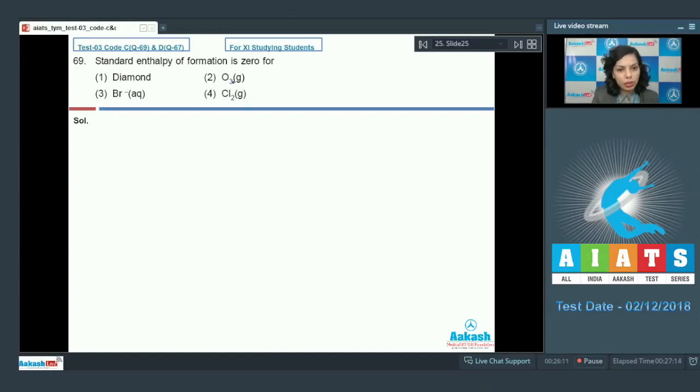Further, for O3, the same is the case, and Br negative is the same case also. Which is the correct option? If we talk about chlorine, this is the standard state of chlorine, and that's why this is the correct answer for this question. Let's take the next question.